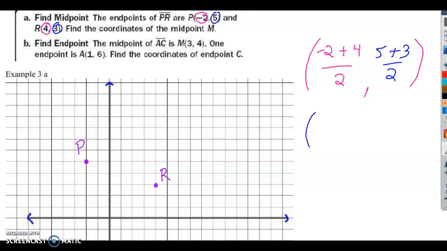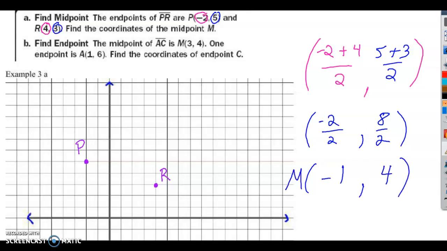So if I do -2 plus 4, I get -2, divided by 2. And then 5 plus 3 is 8, divided by 2. That's going to be (-1, 4). And that's the midpoint. We usually put a big M next to it, and let's plot it and see if it's actually in the middle. Wait, sorry, did I not do that right? Oh my gosh. If we were in class, someone would have corrected me.